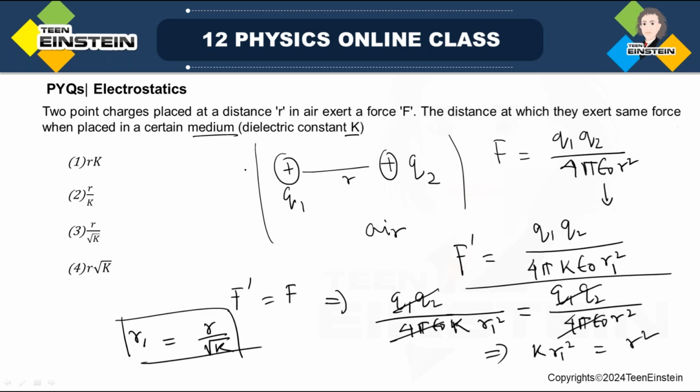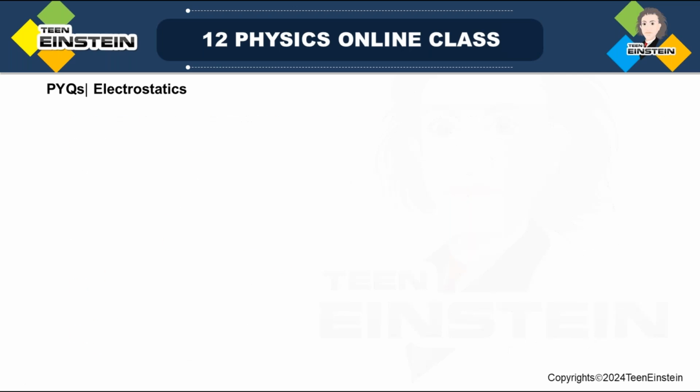I mean to say, earlier the force was F when they were kept in air, and now r1 is the distance between the charges inside the medium when the same force F by magnitude is exerted between them. So option number 3 will be the answer for this question.